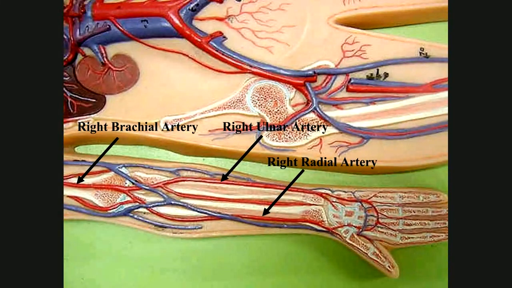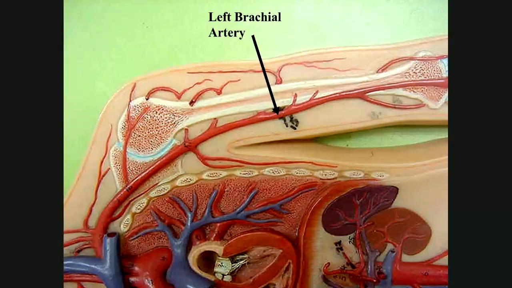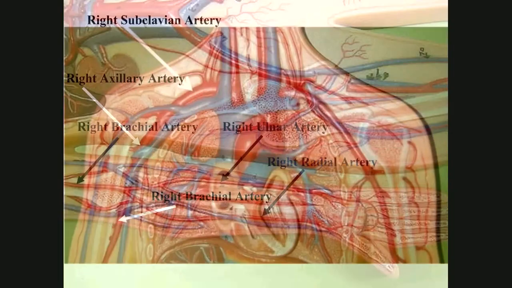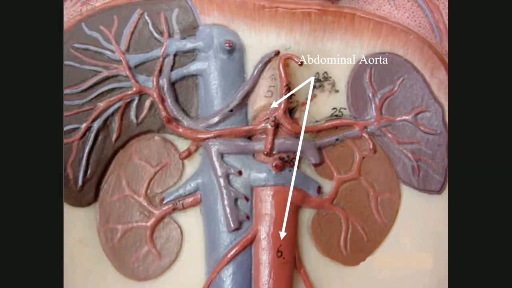We're going to start with the subclavian on both sides, axillary on both sides, brachial on both sides, and then we're going to see the radial on both sides and the ulnar on both sides. Any questions? So that's the upper appendage.